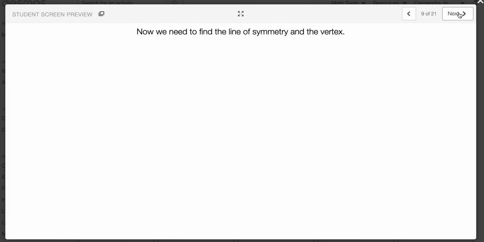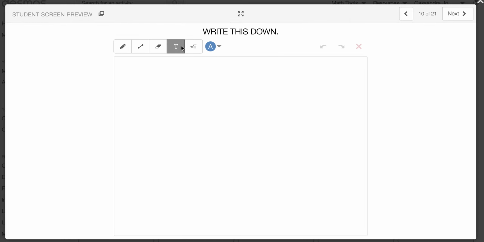Now we need to find the line of symmetry and the vertex, which we actually did when we did our graphing in standard form. This is kind of just a reminder, but it'd be helpful to have in these notes as well. The line of symmetry has its own formula when we are given a quadratic, and that formula is x equals negative b over 2a.